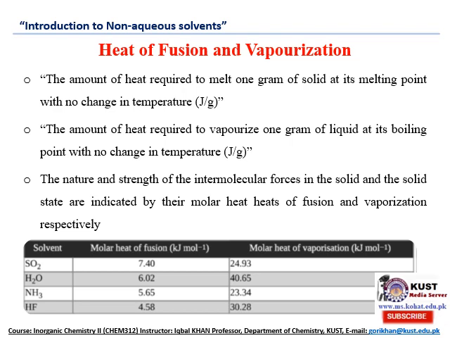The units for both are joules per gram. So the nature and strength of intermolecular forces in the solid state are indicated by the molar heats of fusion. Here are some of the heats of fusion and heats of vaporization, and some selected solvents have been given.